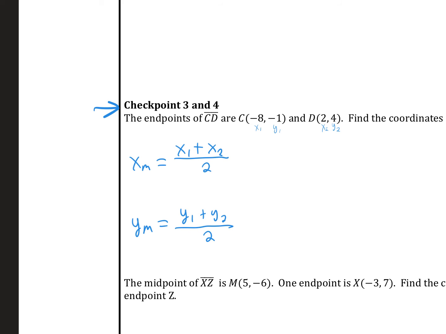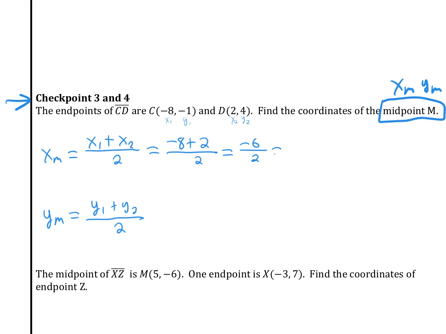Okay, so let's plug it in here. What are we going to get? x sub 1 is negative 8 plus x sub 2 is 2, all over 2. What's negative 8 plus 2? Negative 8 plus 2 is negative 6 over 2. And what's negative 6 divided by 2?